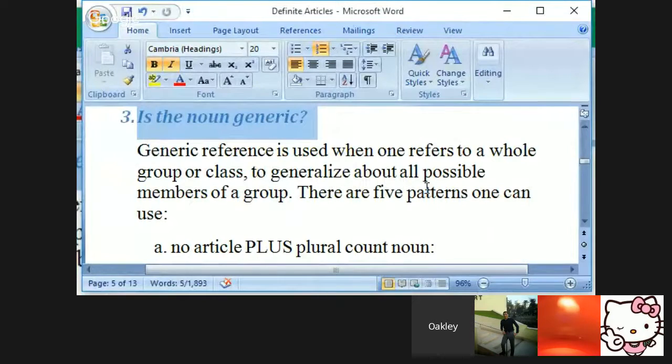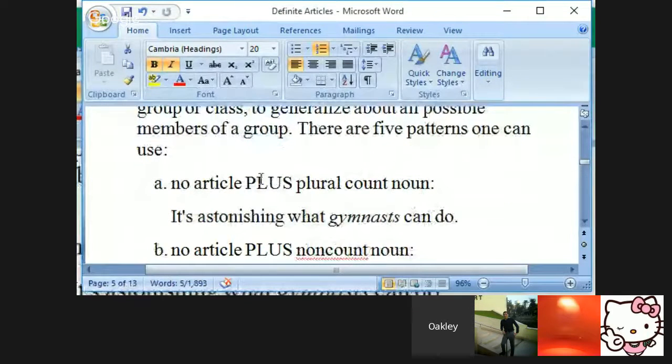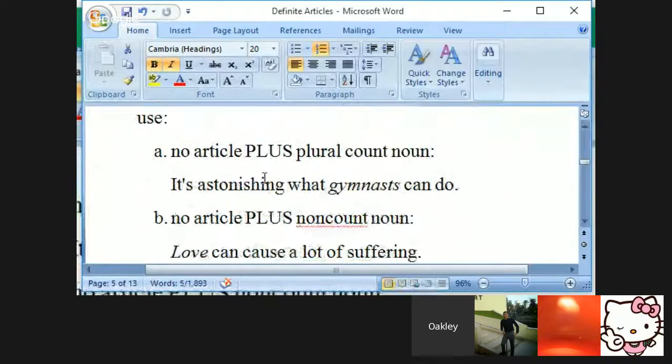In that case, you're generalizing, such as often happens in academic papers or writing a description in business or writing a summary in business, something like that. When you're talking about generalities, then there's a number of ways to do it.